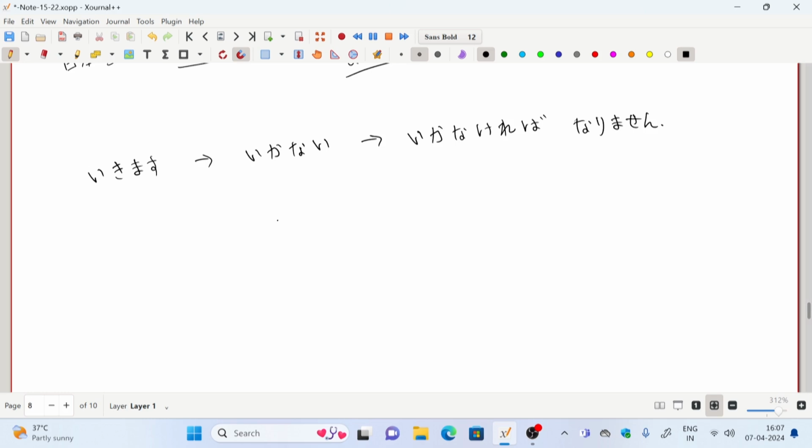If it is machimasu, it will be matanai, matanakereba narimasen.